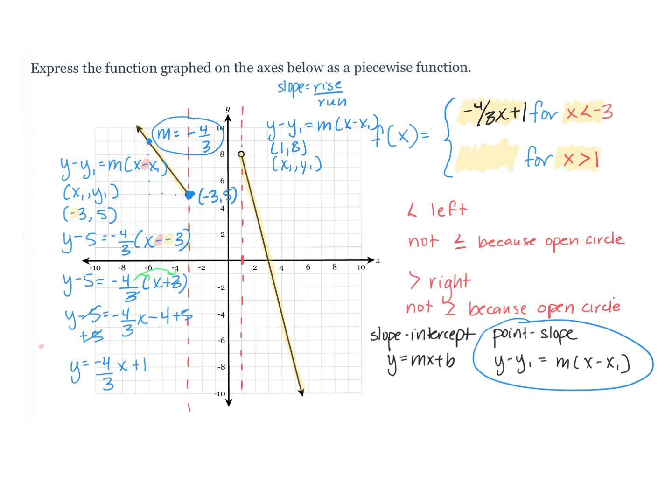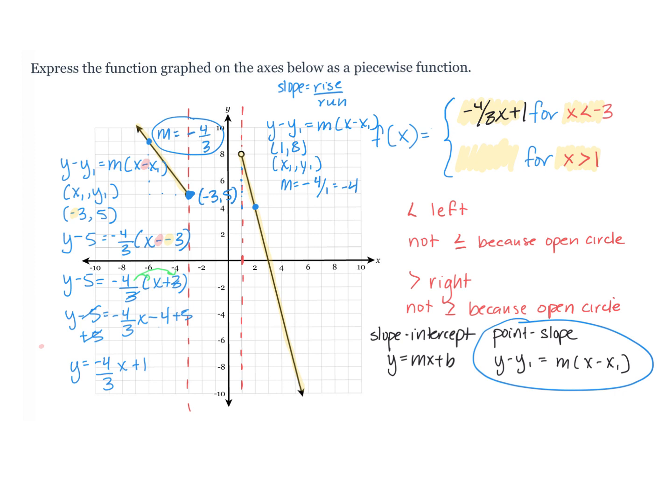So this is going to be a negative slope again, since it's going downhill. And if we go from the (1, 8), and we go down 1, 2, 3, 4, and over 1, it'll put us back on a point on the line. So down 4 over 1. Now 4 over 1 is the same thing as 4. So slope is -4.